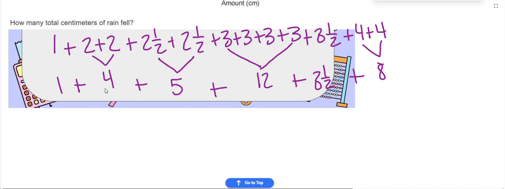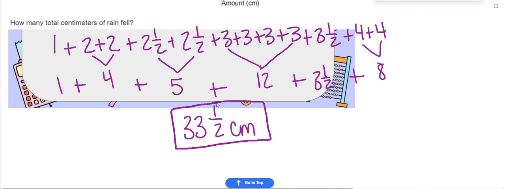So 1 and 4 is 5. 5 plus 5 is 10. 10 plus 12 is 22. 22 plus the 8 is 30, and then plus 3.5. I'm getting 33.5 centimeters of total rainfall. Now check my math on that. I could have made a mistake. It's always possible. So if I did, you'll have to let me know when you see me again.